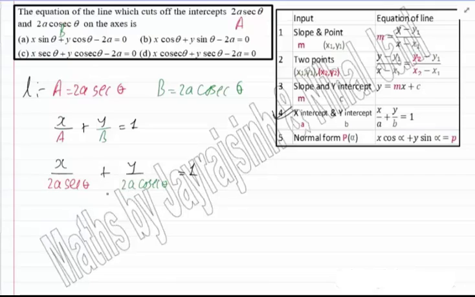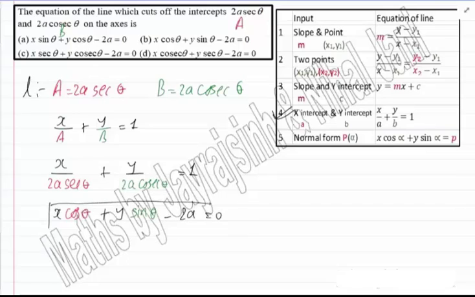Now you can see we can take 2a as an LCM, and we know that 1 upon sec is actually cos theta. Similarly, 1 upon cosec theta is actually sin theta, is equal to 2a. We take the LCM. So to get the final answer, we have to take 2a on the left hand side.